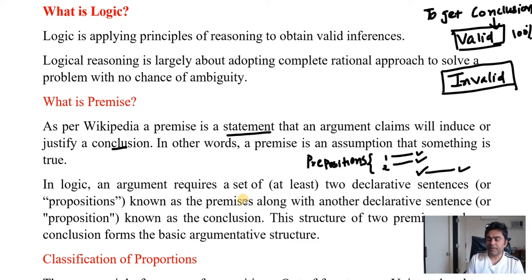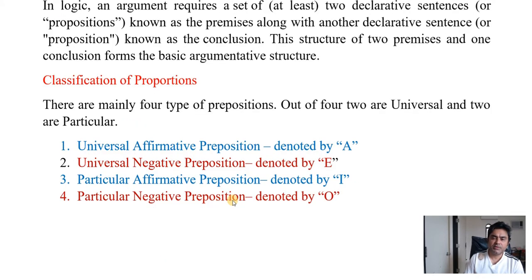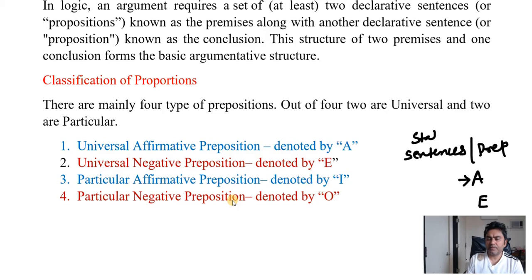Classification of propositions. So the sentences or propositions are basically of four types: A, E, I and O. A means universal affirmative proposition, meaning you are talking something about all, about everyone, about each of us.